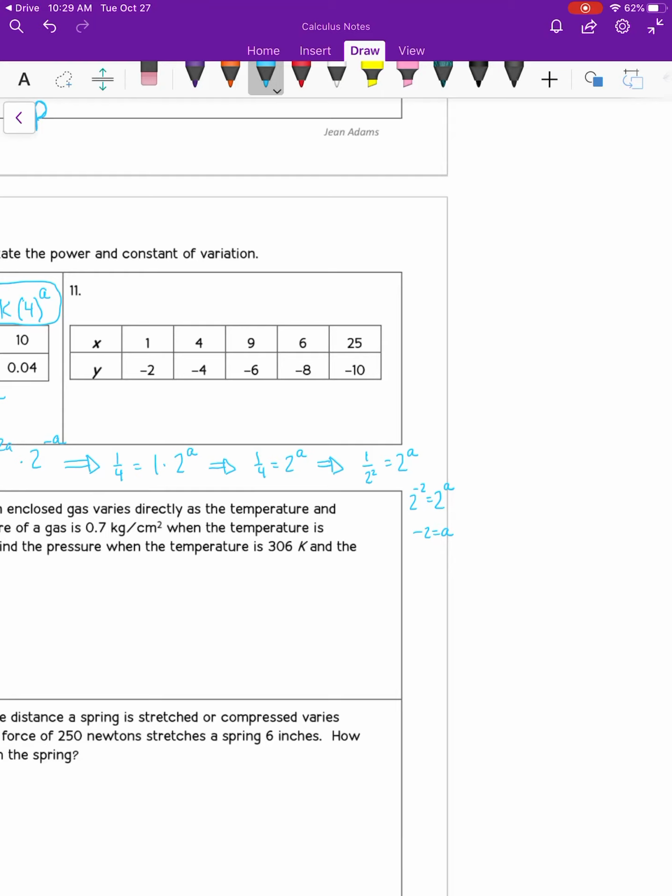So number 11, we're going to start with the same thing. We got to remember y equals k times x to the a. And so I'm going to do the work over on this side. And so I've got negative 2 equals k times 1 to the a.